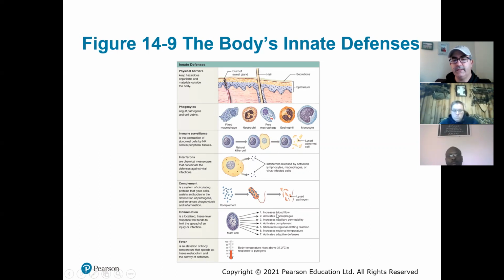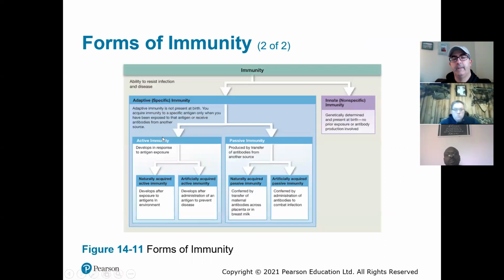Inflammation, which is increasing things like blood flow and activating macrophages. And fever, raising your body temperature to increase a lot of these other things. So when we're looking at immunity as a whole, those are the innate, the non-specific immunities.